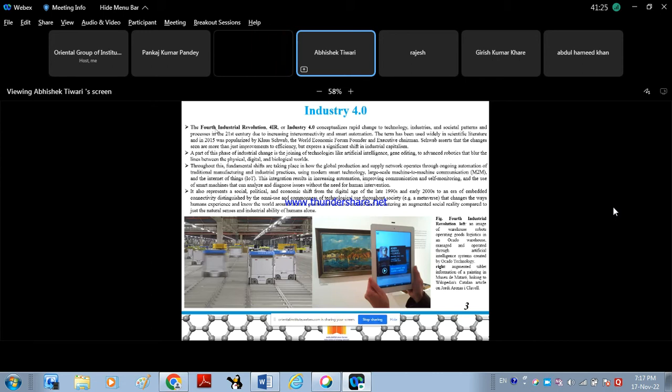Obviously, there is a significant threat that we are going to lose a lot of employment because of this, because everything is going to be automated.